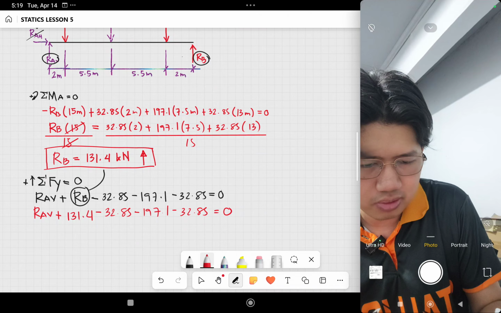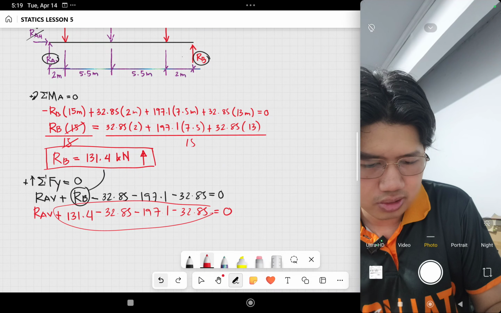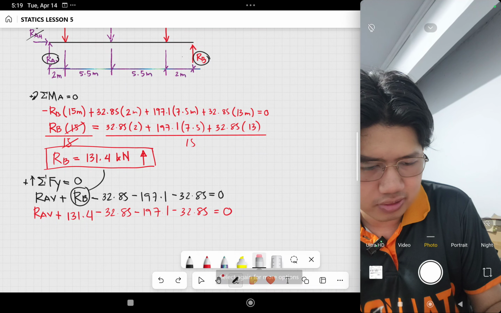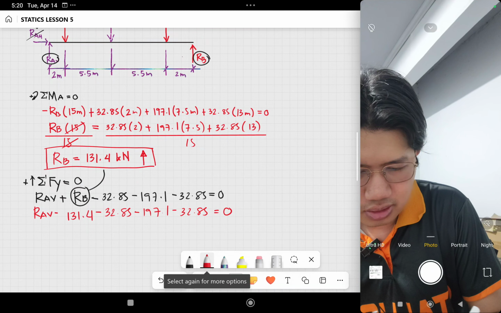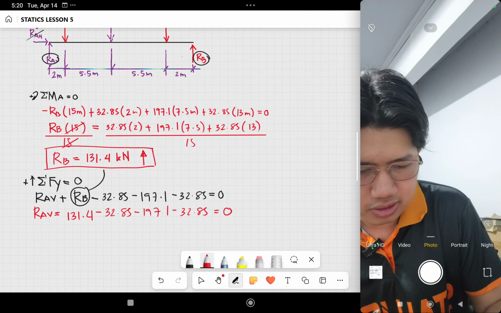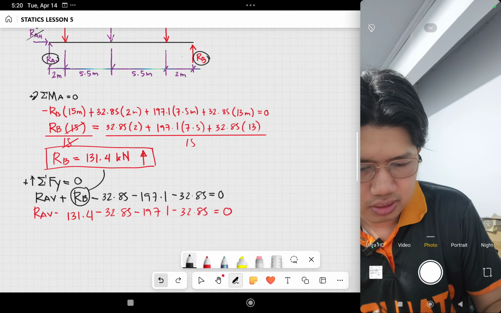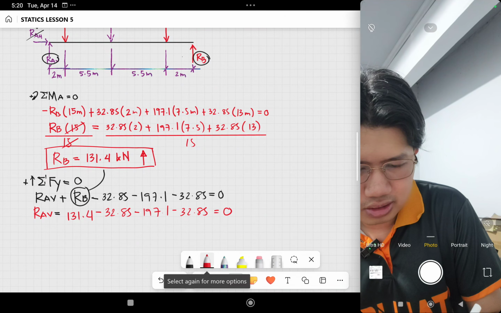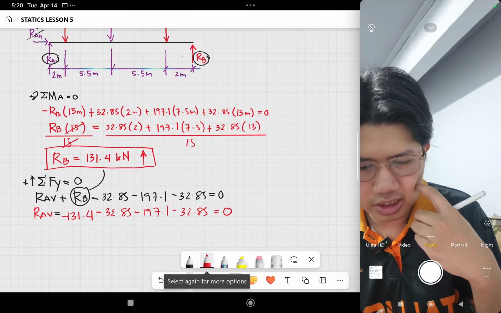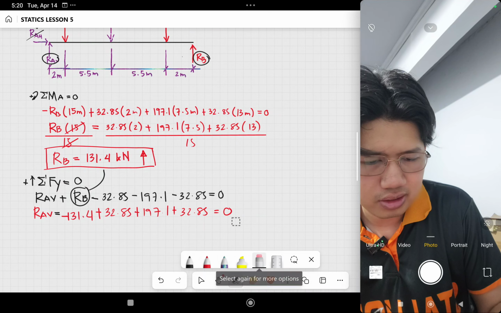So we need to transpose all of this on the other side of the equation. So pag transpose natin sila, magbabago yung sign. So maiwan si RAV dito. Okay, so that is equals. So ito magiging negative. This magiging positive, positive, positive. And then, ayan.